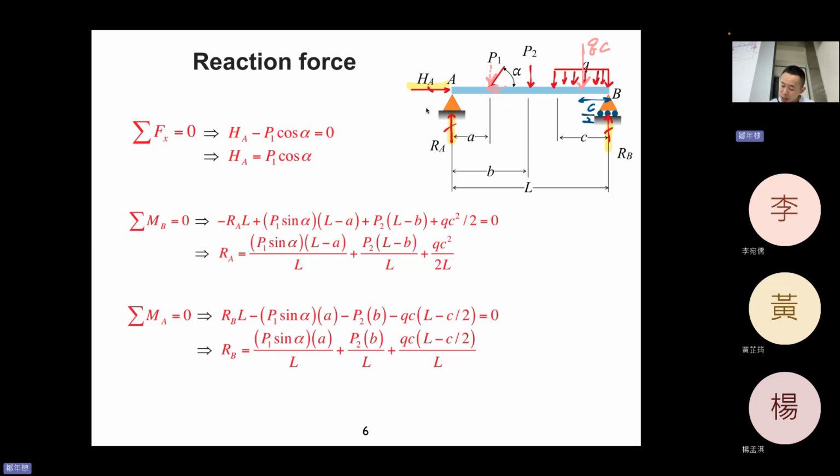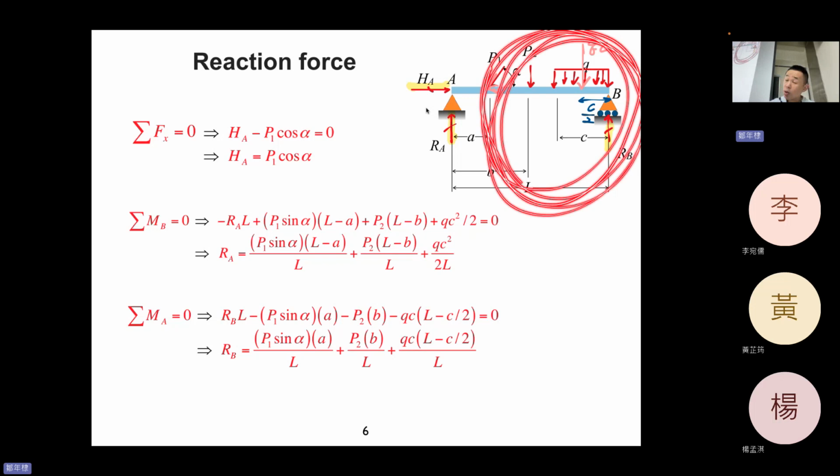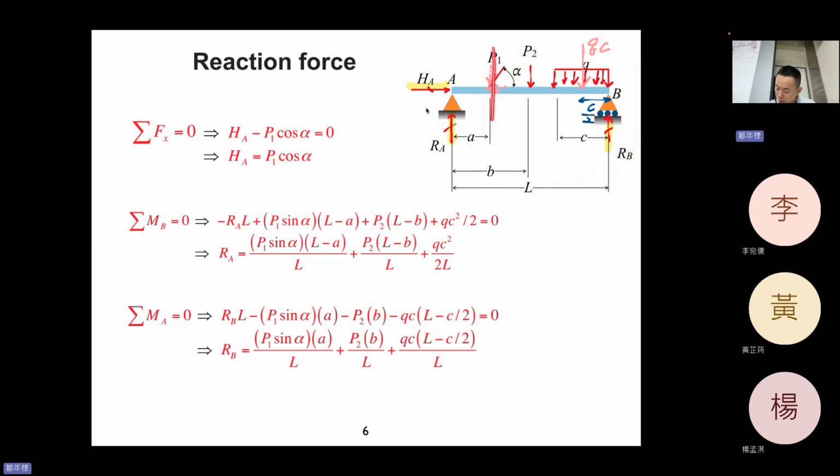And P1 sine alpha is counterclockwise, so it's positive, and its force arm will be L minus A. P2 is also counterclockwise, so plus P2 times L minus B.